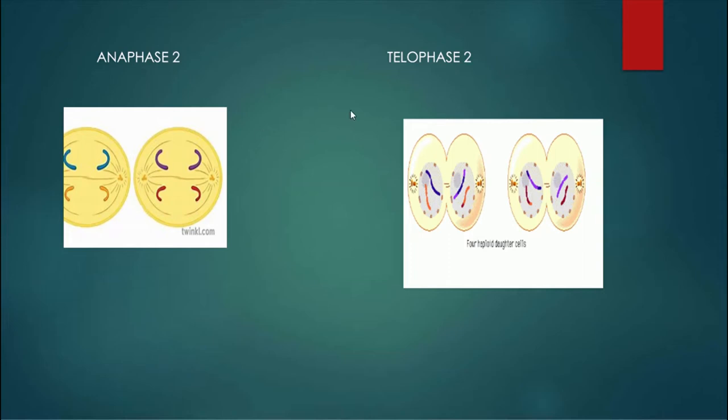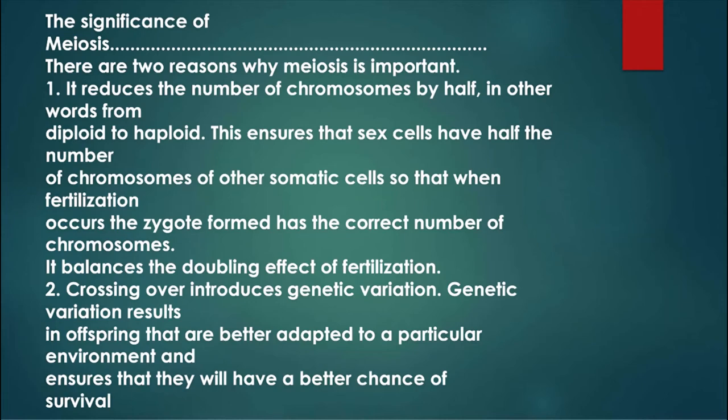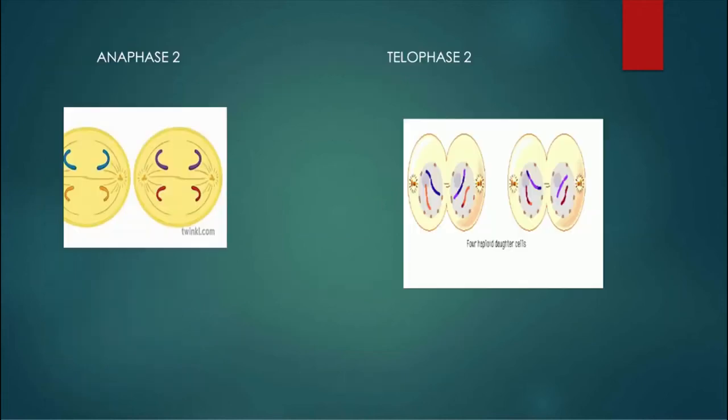In telophase 2, 4 haploid daughter cells form, in which each chromosome has just one chromatid. Cytokinesis also takes place during this phase. Those 4 daughter cells are sperms in males, and in females, it is an ovum because only one of them becomes functional.